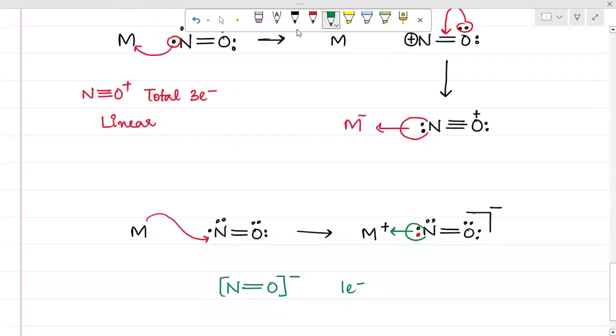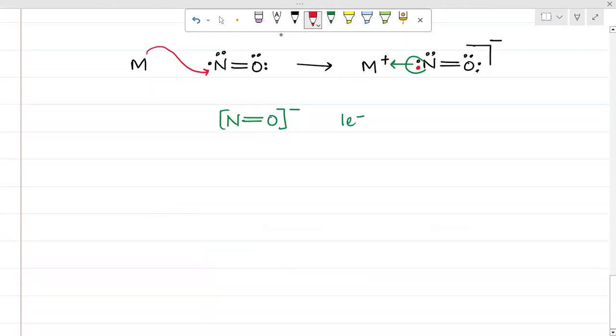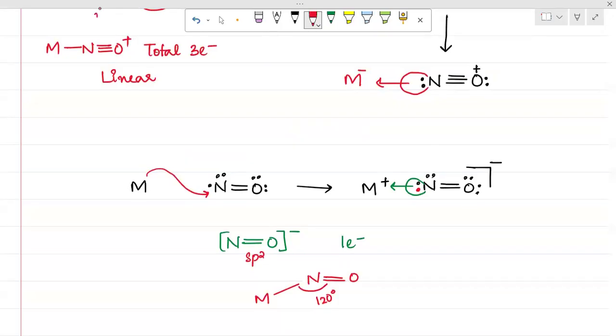And what is the geometry? Here, the metal and the ligand would form a linear geometry, but here the metal and the ligand would form a bent geometry. Why? Because this is sp2 hybridization. It needs an angle of 120 degrees, and here it is sp hybridization. Here it needs an angle of 180 degrees.